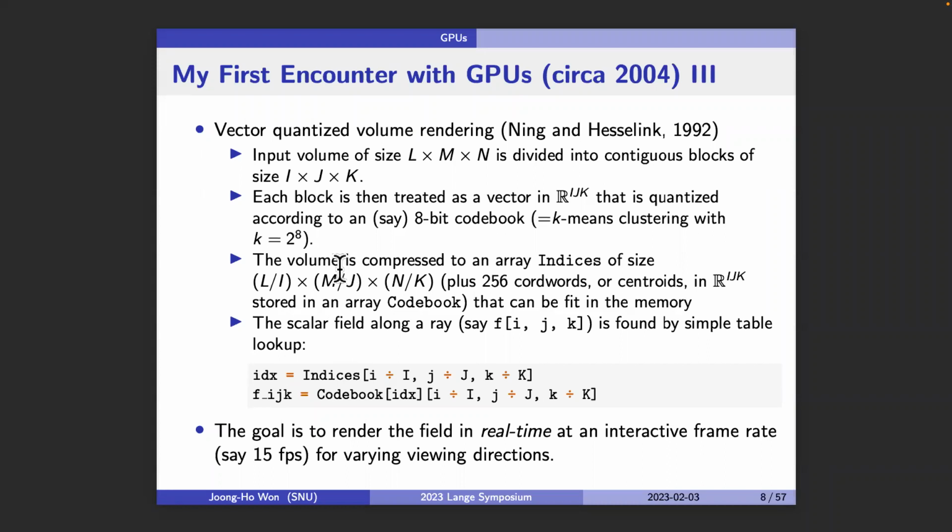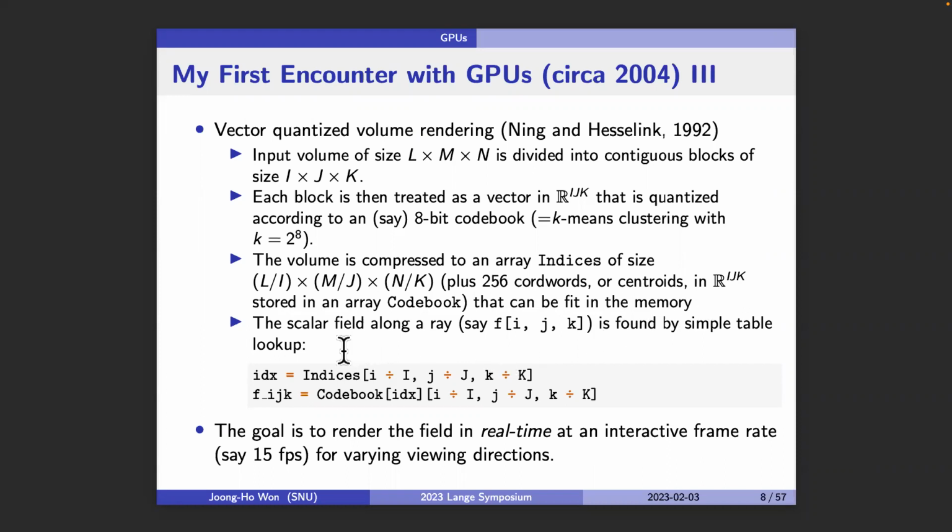So you compress the volume to a size of L over I times M over J times N over K. And you use the index to those 256, 2 to the 8, centroids. So that's a compression. And also you need a space to store this 256 centroids, but that is a manageable size that can be fit into the memory.